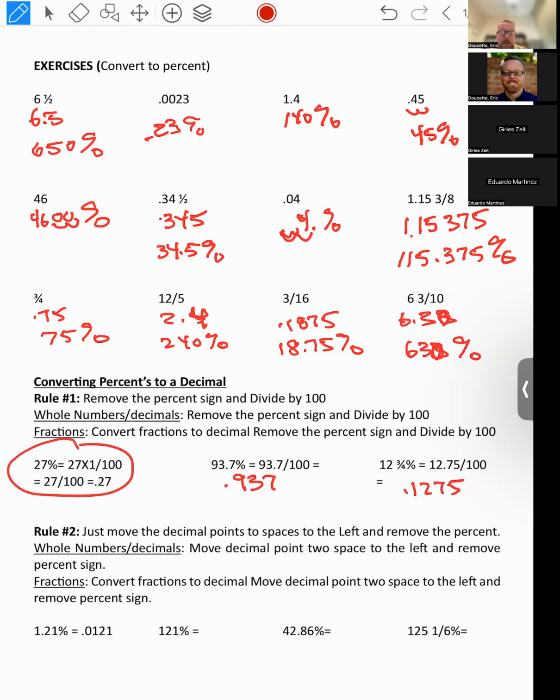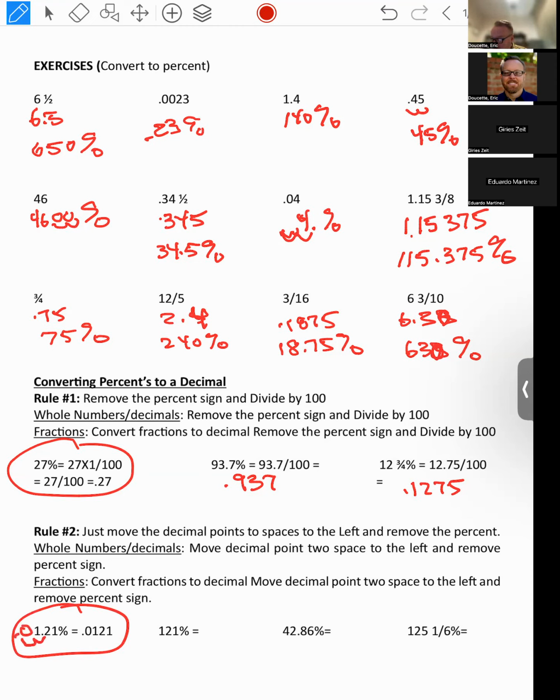The rule is the same thing as I showed you before. Rather than moving the decimal point 2 spaces to the right to make a decimal a percent, when it's already a percent, you can remove the percent sign and move the decimal point 2 spaces to the left. The example I give you right here is 1.21%. We'll remove the percent sign and move the decimal point 2 places to the left.